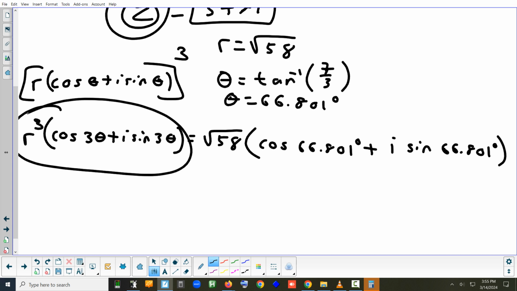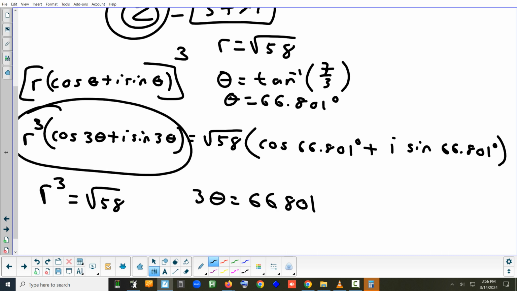R cubed. R cubed is your radius. Okay. So your radius on the left needs to equal, what's your radius on the right? Square root of 58. Okay. And what's your angle on the left? 3 theta. And the angle on the right? 66.801. Okay.